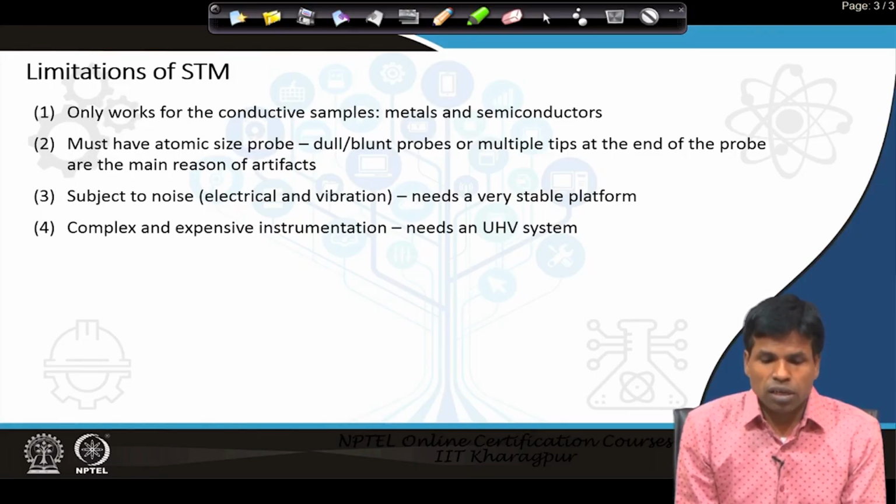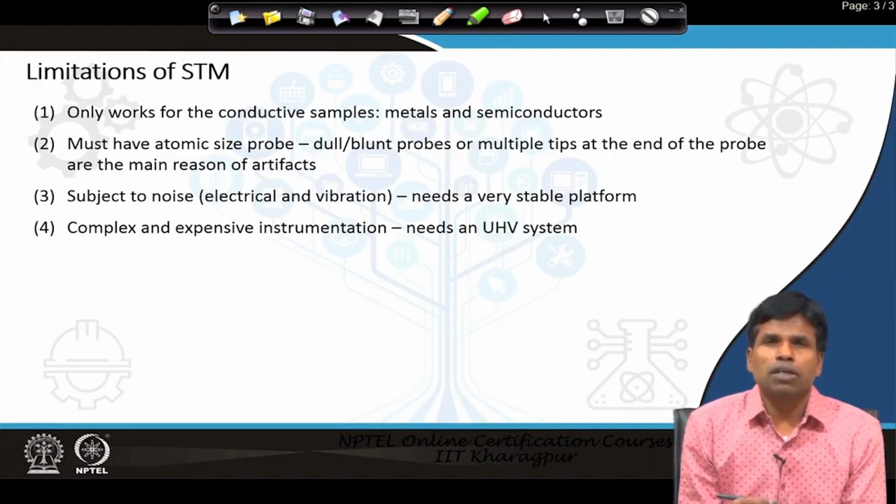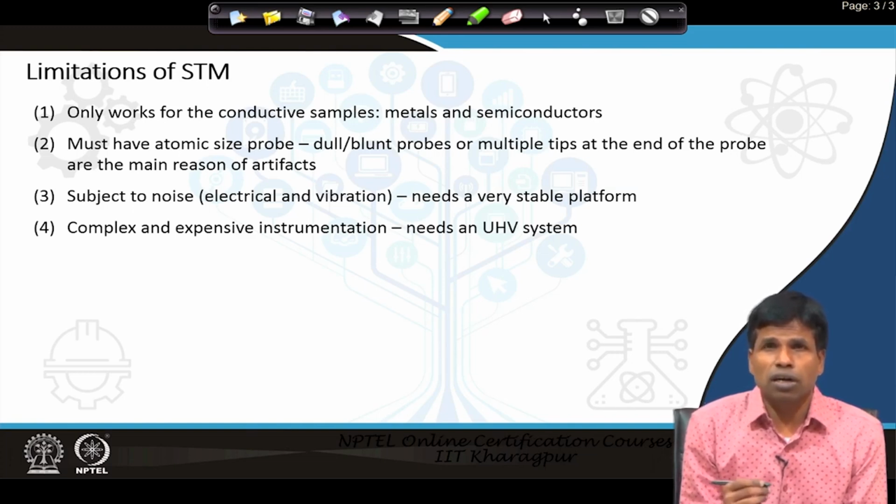Moreover, it has quite complex and expensive instrumentation. Practically it can be shown, but in order to really study the surface of a material, the surface has to be ultra clean, then only can we see the atoms of the real sample to be examined.